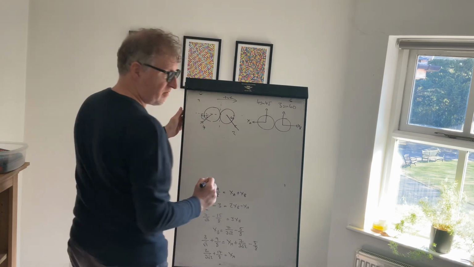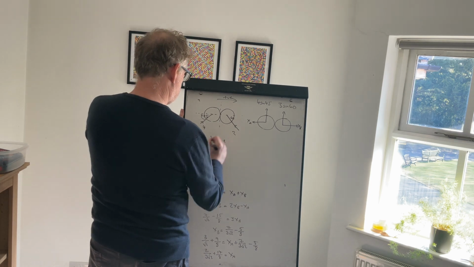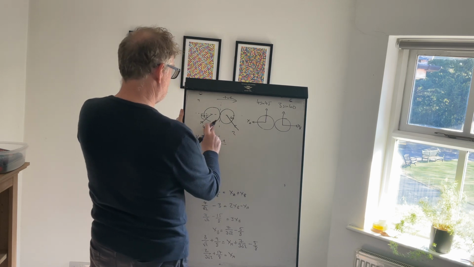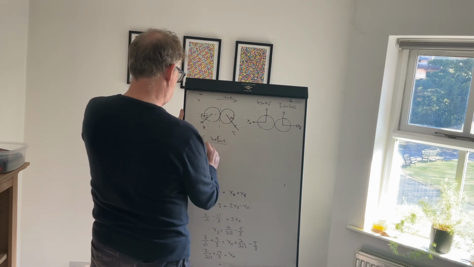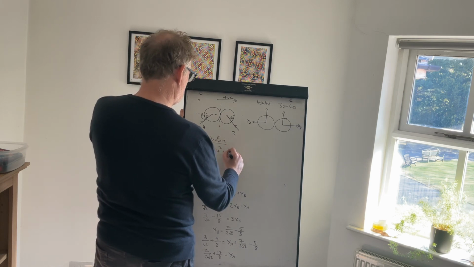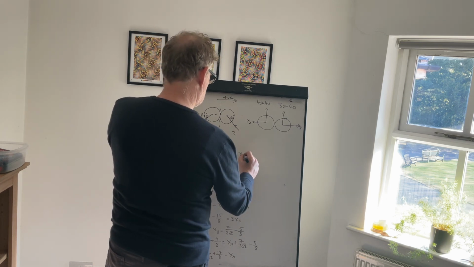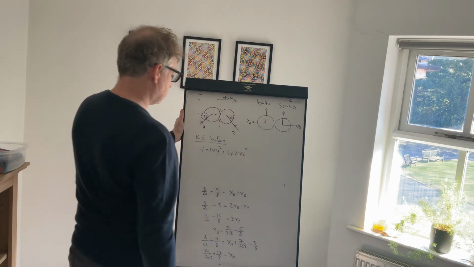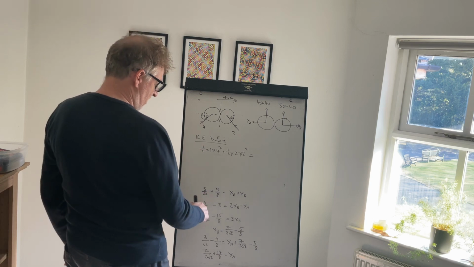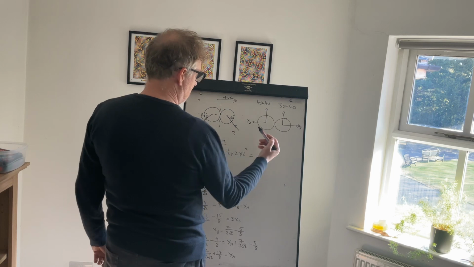So we know the kinetic energy before is going to be a half times 1 times 4 squared plus a half times 2 times 2 squared. Kinetic energy before equals kinetic energy afterwards. For afterwards, like I said, we do a bit of Pythagoras to get our overall velocity.